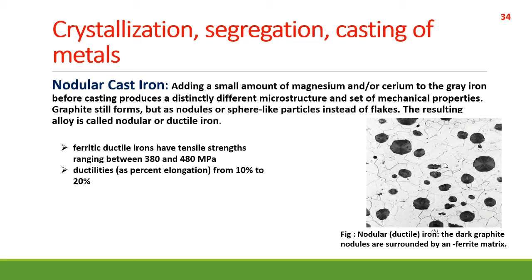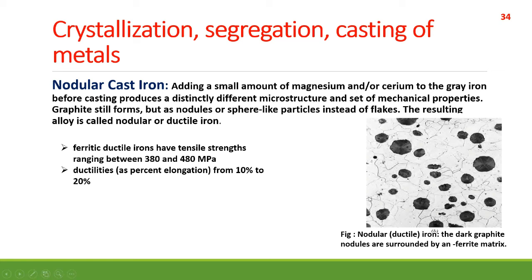Here you see the matrix phase surrounded by particles of either pearlite or ferrite. This can be either ferrite or pearlite, as I just discussed in the previous slide, and these round dark shapes are the graphites.